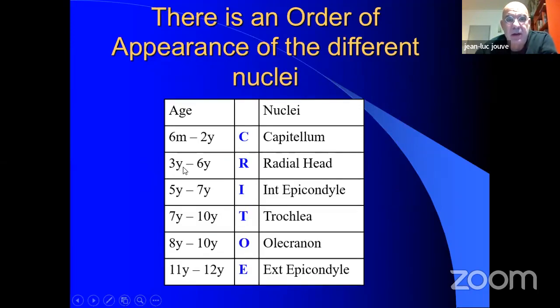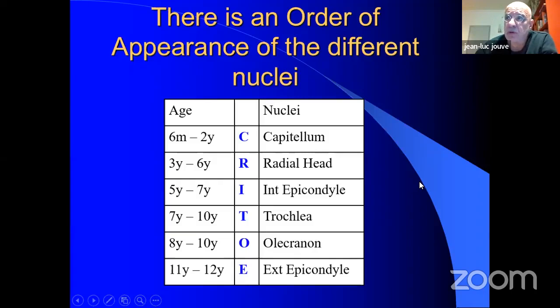You see that the radial head ossification nucleus appears between 3 and 6 years, and the olecranon between 8 and 10 years.